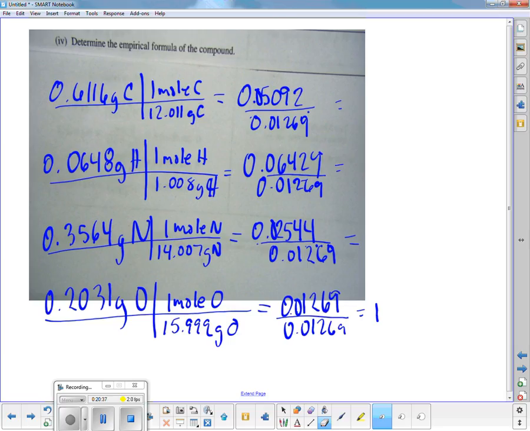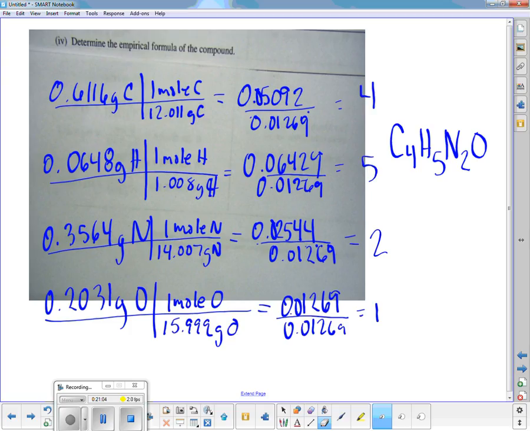I'm tired of doing them already. We should have got a 4, a 5, a 2, and a 1. Is that what you guys got? Okay, so the empirical formula, we just write C4H5N2. Oh, we got our empirical formula.